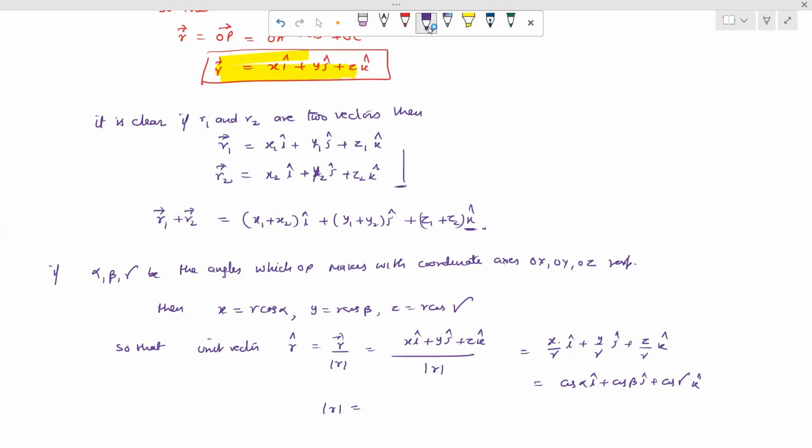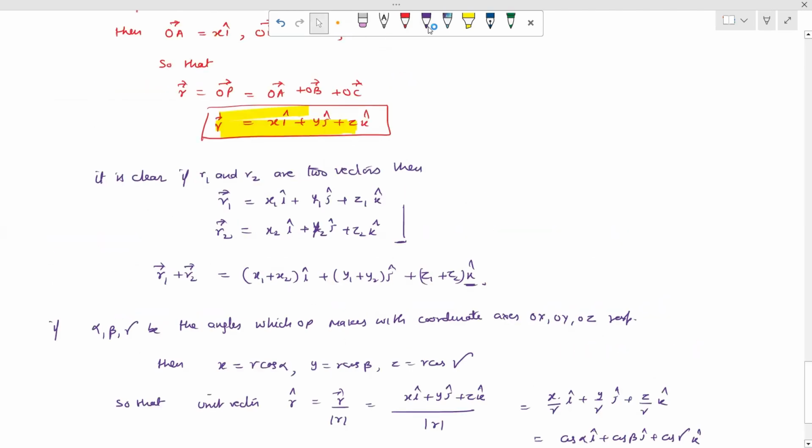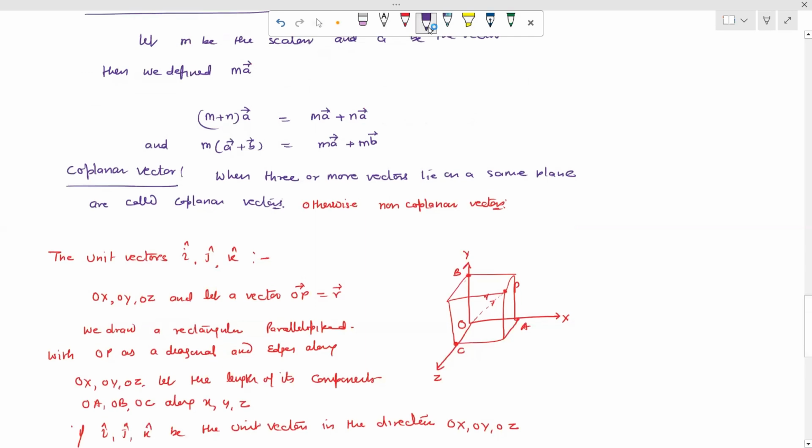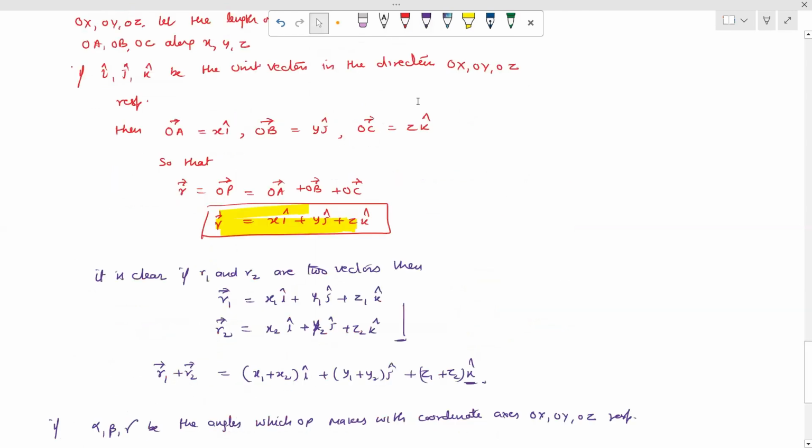So these x, y, z are called the coordinates of point P. The coordinates of point P are x, y, z.